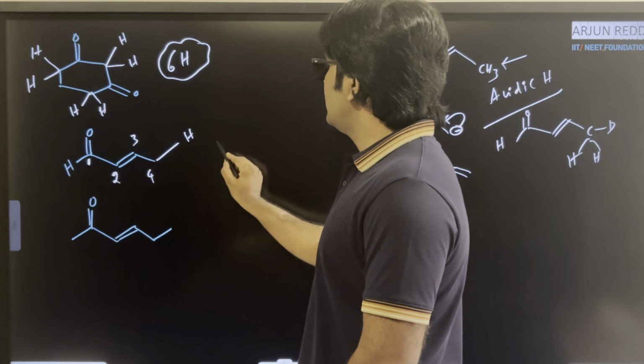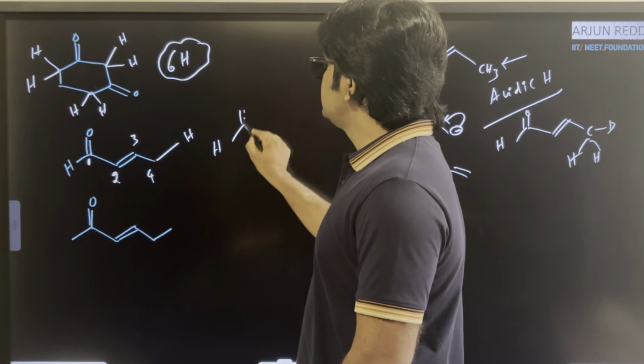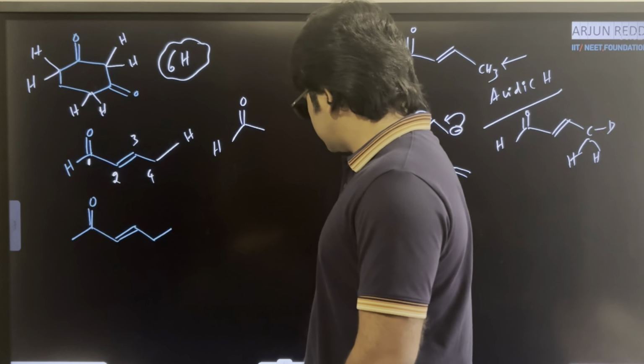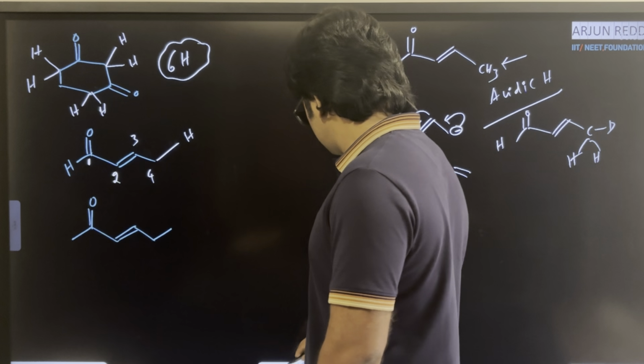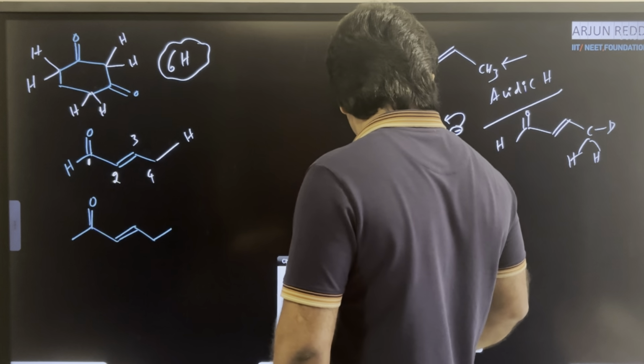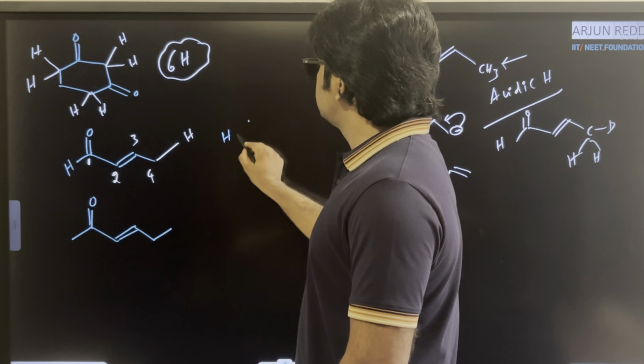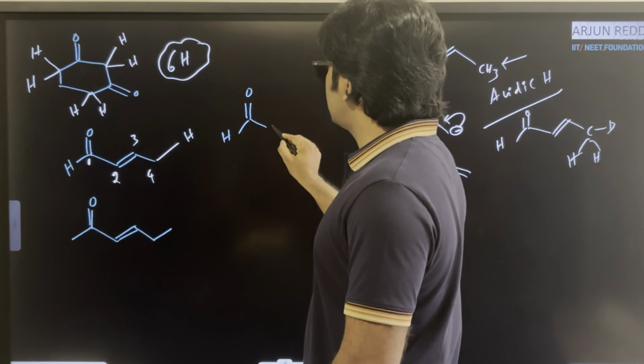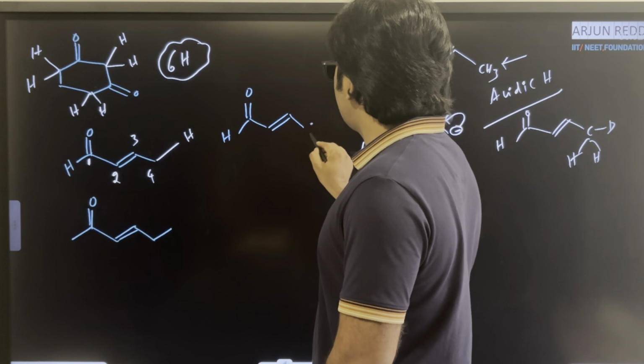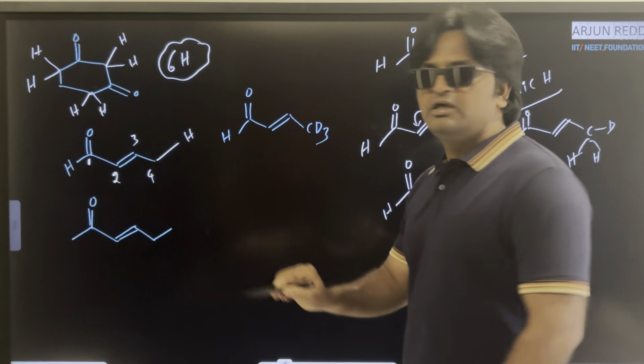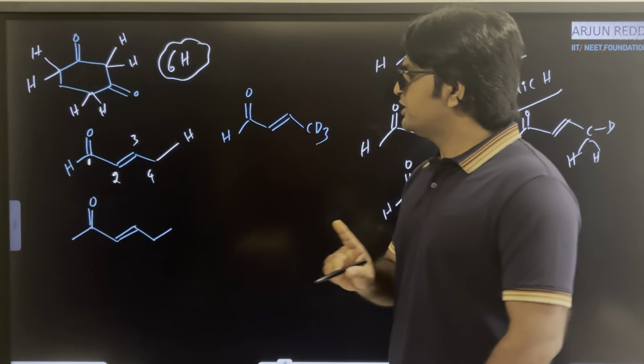First condition. I am writing the product like this, C double bond O. Next one, second. HC double bond O. This is the shortcut method. First one here, all hydrogen atoms are replaced by deuterium. Remember one important point.